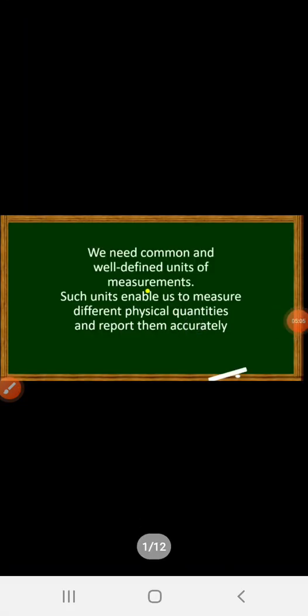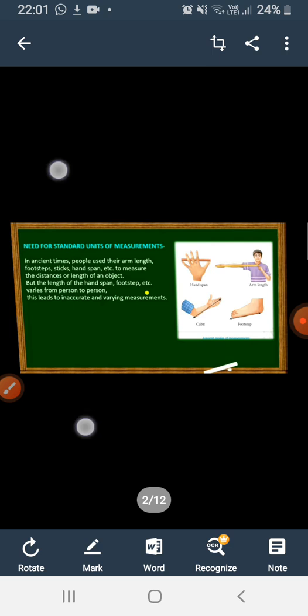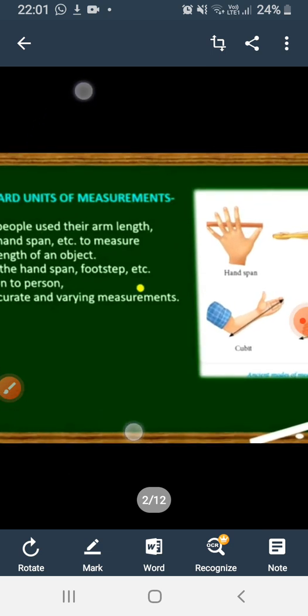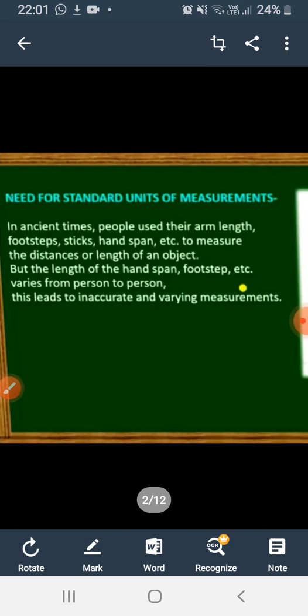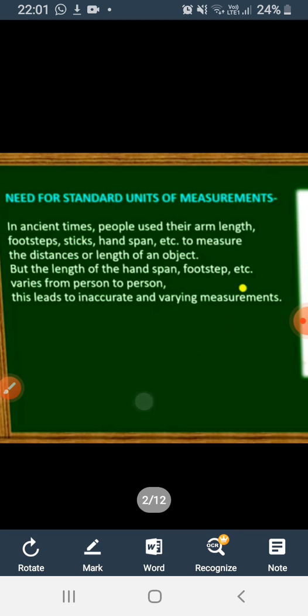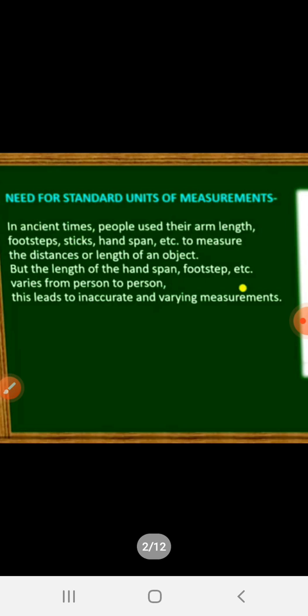We need common and well-defined units of measurement. Such units enable us to measure different physical quantities and report them accurately. As you know, in ancient times, what people used to do, they used their arm length, footsteps, sticks, handspan, etc. to measure the distance or length of an object.